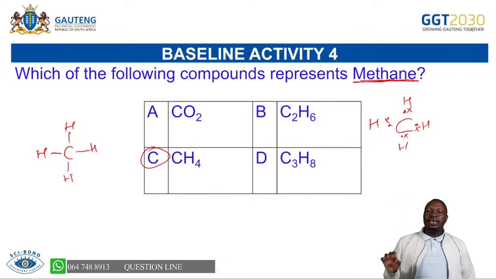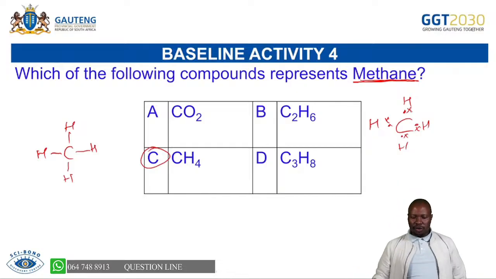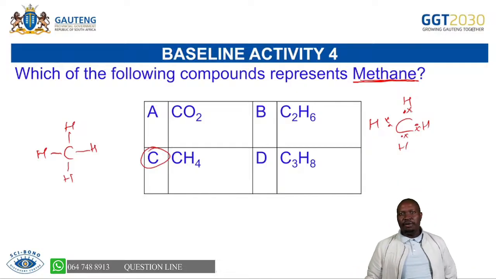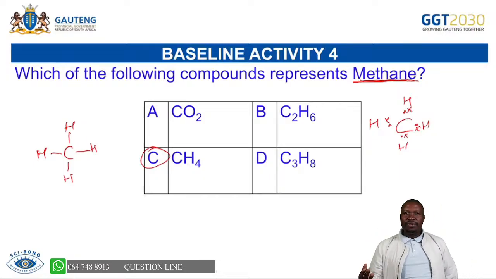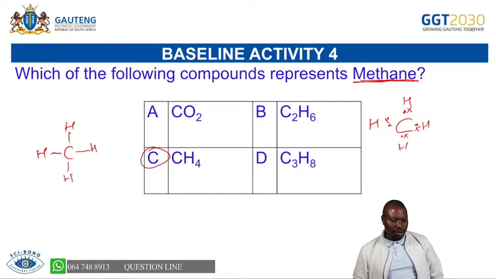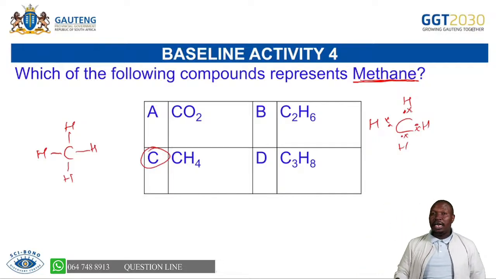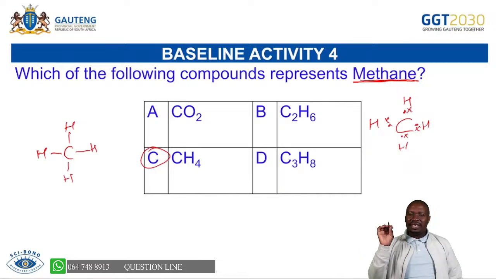Hence, we are saying National Senior Certificate is a 3-year course which starts in grade 10. So don't throw away your grade 10 books and your grade 11 books, because there will still be things that when you are dealing with chemistry, you will go back and say, let me refer back to my grade 10 content, let me refer back to my grade 11 content. So that's what we are saying, all that content you did in grade 10 and 11 is very important, because we're talking about the same science.